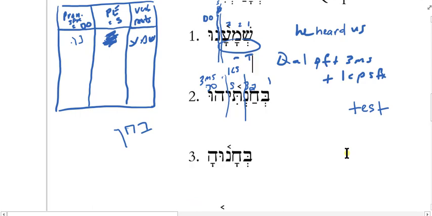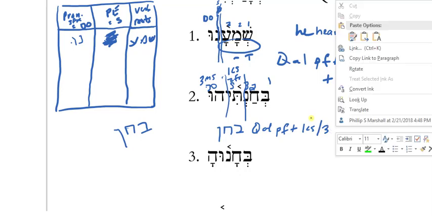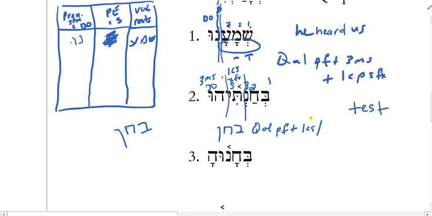So let's take a quick look here. So I'm going to put 1CS or 2FS. So in terms of parsing, it would be bahan, cal, perfect, and then my 2 personal ending possibilities, 1CS slash, not 3, but 2FS, and then I'm going to put my plus sign.